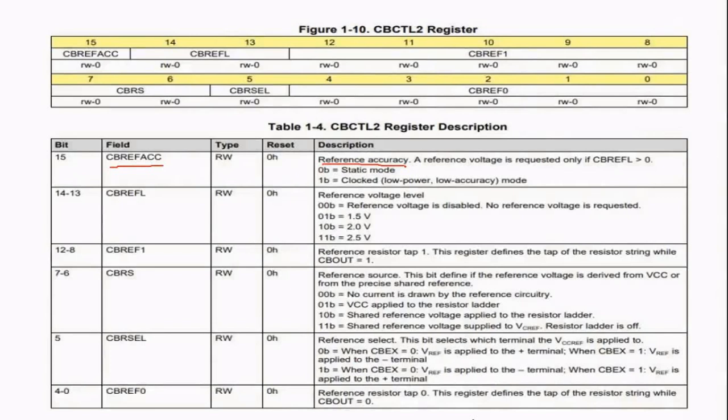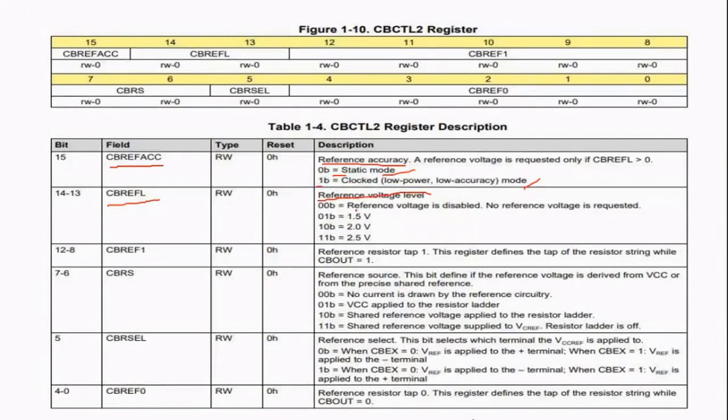There are 2 modes: one is called static mode and the other is clocked mode. If it is selected 0, it means static mode. If it is 1, it will be fixed as clocked mode. Clocked mode is low accuracy. Why? Clock can vary, but if you use static mode, you can get a more accurate value.